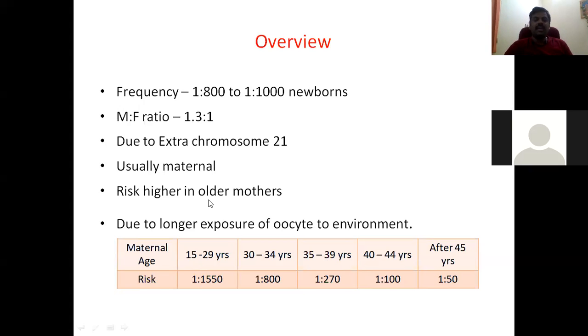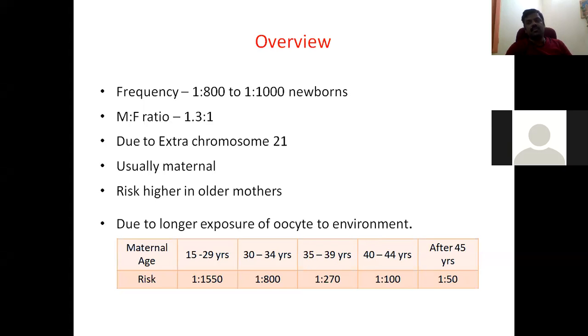It is primarily attributed to the long exposure of the oocyte to the environment. I have already told you this. A baby destined to be a girl child has millions of oocytes in fetal life, which ultimately go through competence, and only 300 oocytes are selected to be released in the reproductive age group.